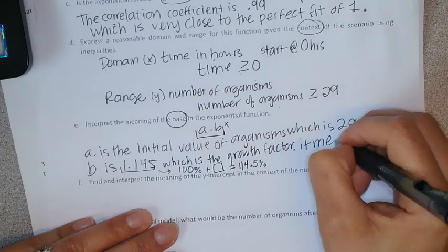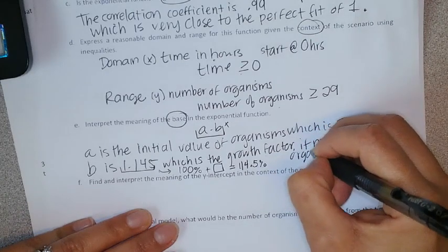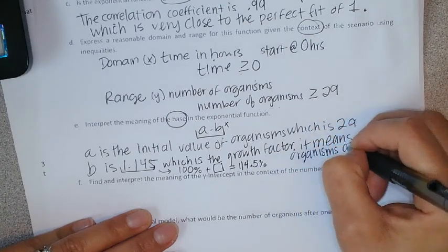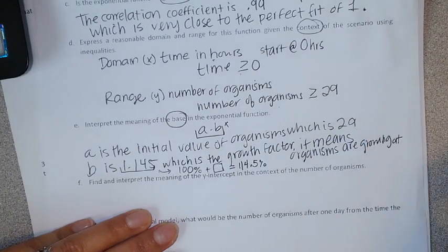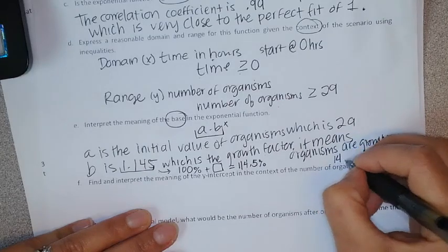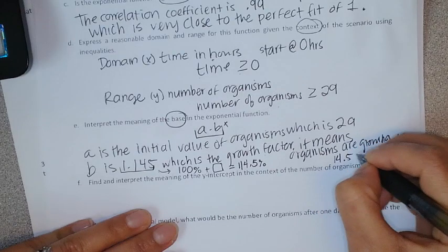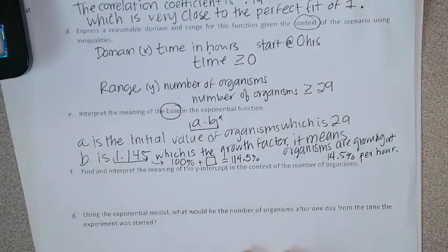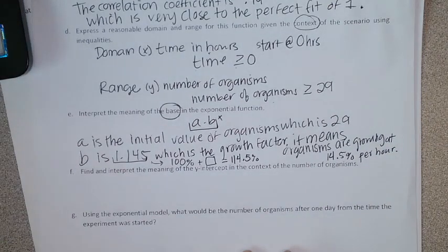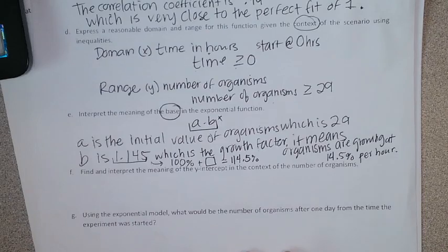It means the organisms grow 14.5% per hour, because it's growth, in the context of the number of organisms.